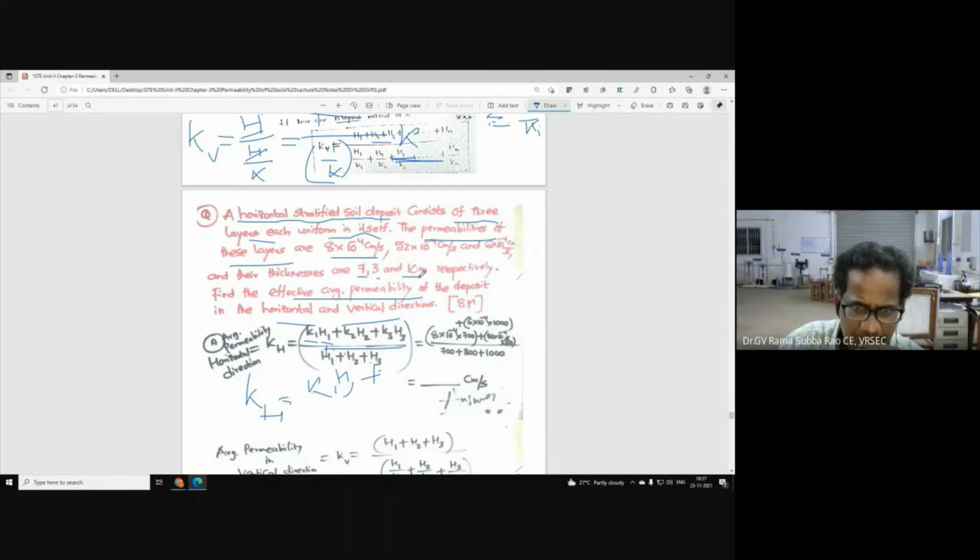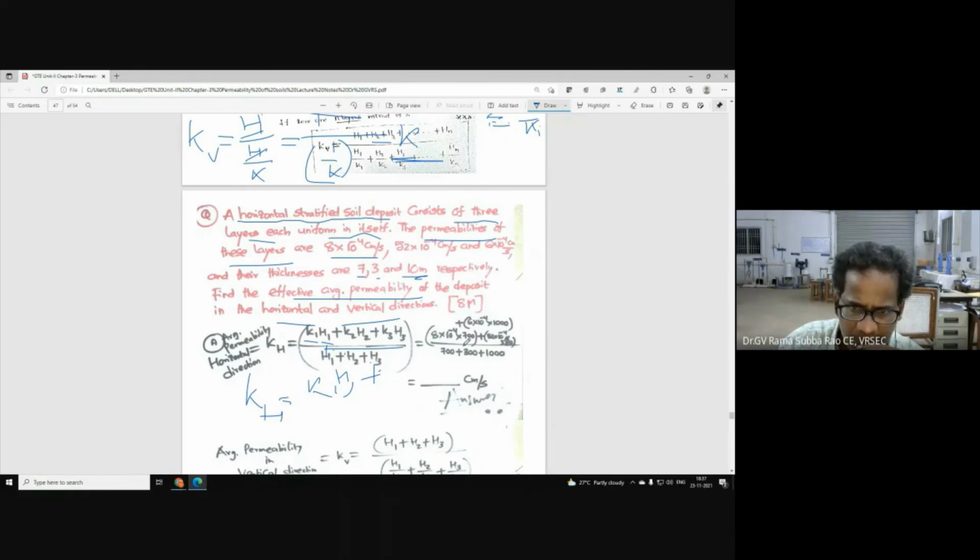Here, if 7 meter is given, convert it into centimeters; now it becomes 700 centimeter. Similarly, here it is given 3 meter. Don't use 3 meter, please write 300 centimeter. Like that, 10 meter is 10 into 100 centimeter.